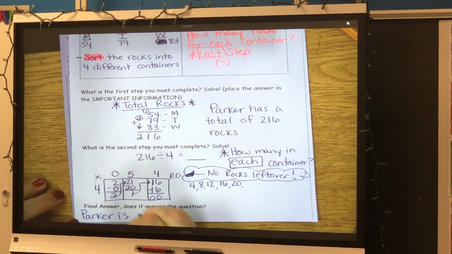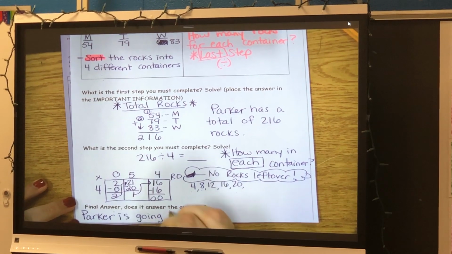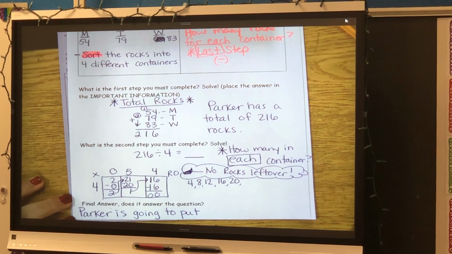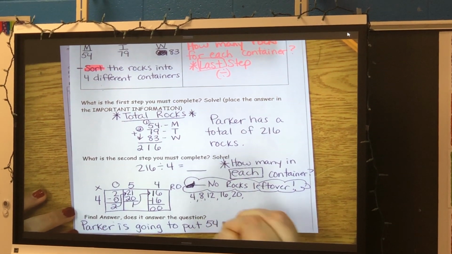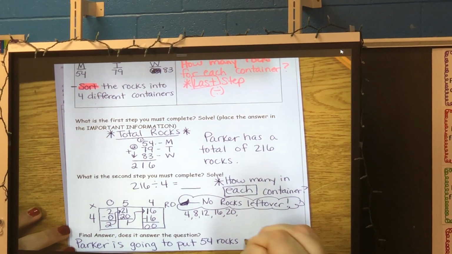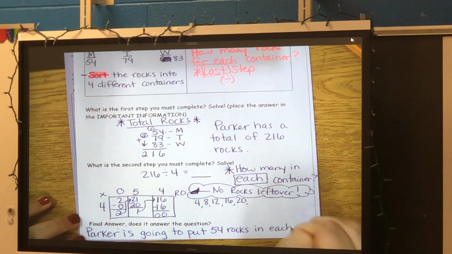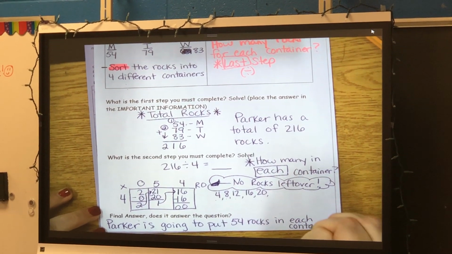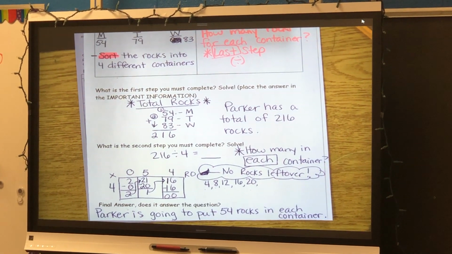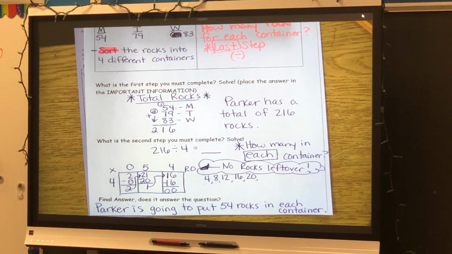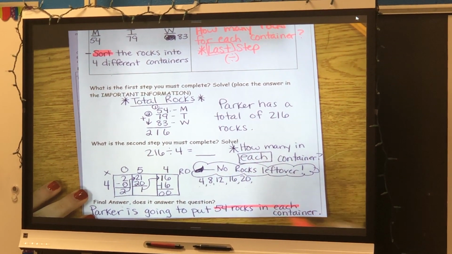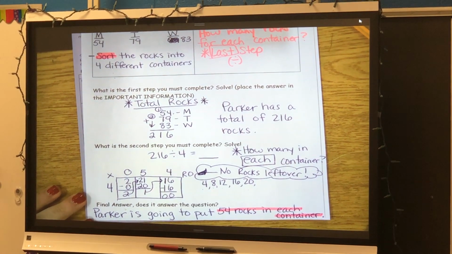Parker is going to put 54 rocks in each container. How many rocks for each container? So we're identifying that answer. And so does it answer the question?